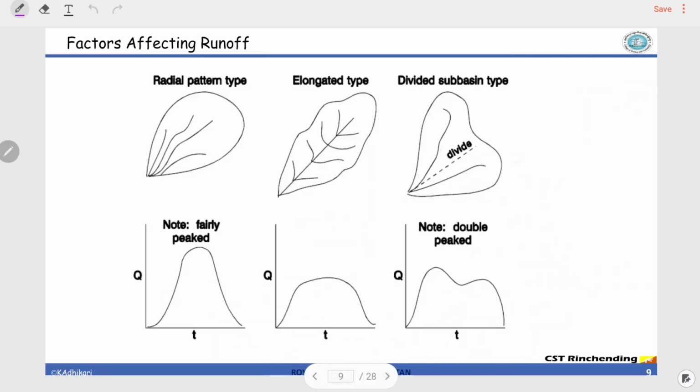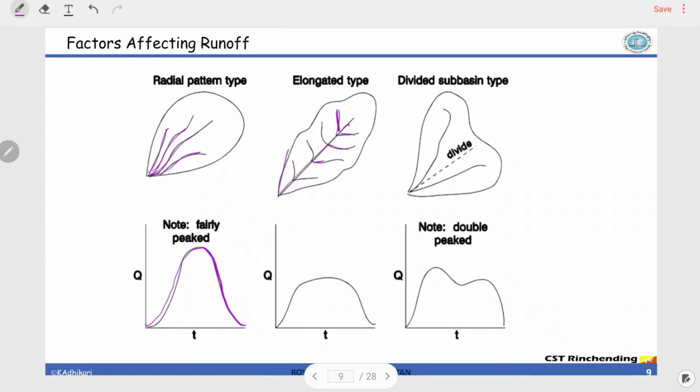And also the shape, you can see here, how catchment shape affects the runoff characteristics. If the streams are in radial fashion like this instead of branching, the shape is expected to be somewhat in this fashion. Now if there is an elongated catchment, it is not fan-like in shape, and the secondary streams are very short and contribute directly to the main stream.